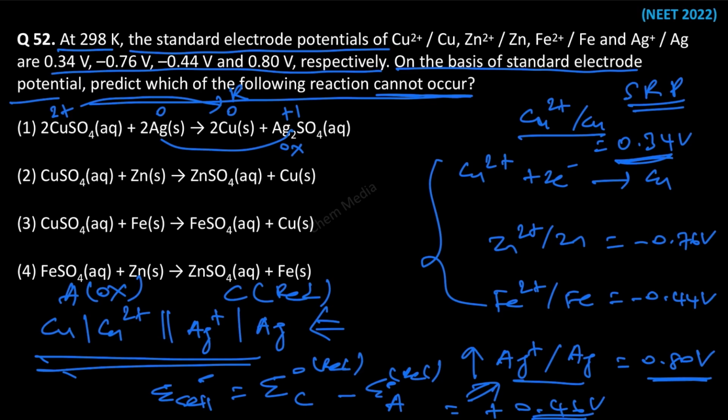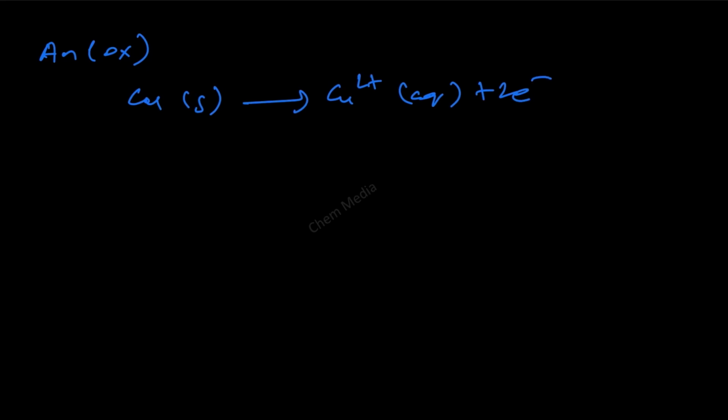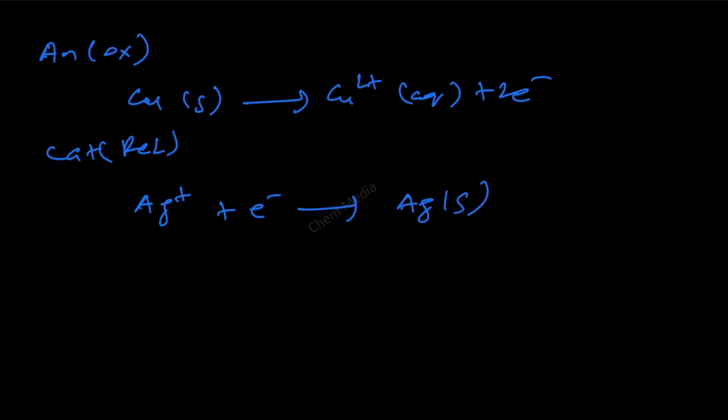But in the reaction, is it given that way? No, it is not given that way. It is given in the opposite way, isn't it? If we are writing the net reaction for this cell notation, how can we write? At the anode oxidation happens, so copper solid loses 2 electrons and becomes copper 2 plus. At the cathode reduction happens, Ag plus gains an electron and becomes Ag solid.